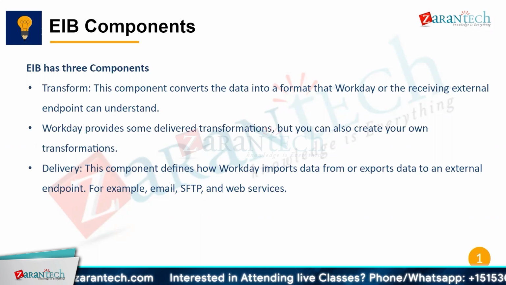But for example, your recipient or your partner needs the data in CSV format or JSON format or RSS format. With a few simple steps while configuring the EIB, we can set up these transformations quite well. And Workday does that pretty well and reliably.